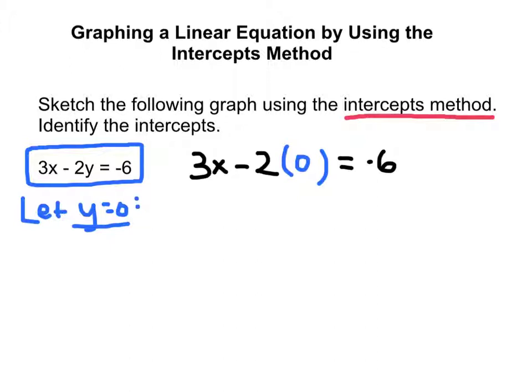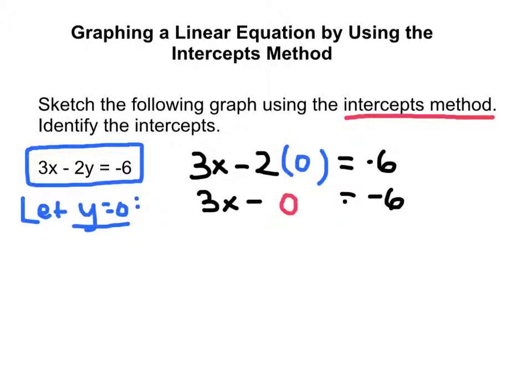Then we have to solve for x. 2 times 0 is really just 0, so I have 3x take away 0 still equals negative 6.